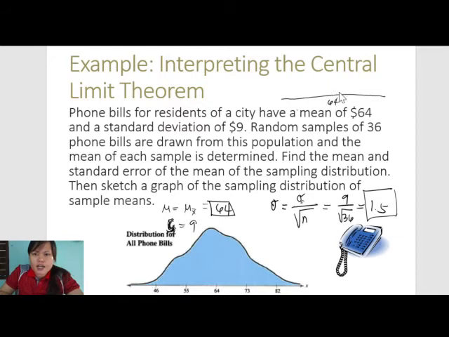Then 1.5 on each side. Because the standard deviation is only 1.5, the peak is very high, centered at 64. So the chart is fairly tall and pointed since the standard deviation is very small. That's for the sample.